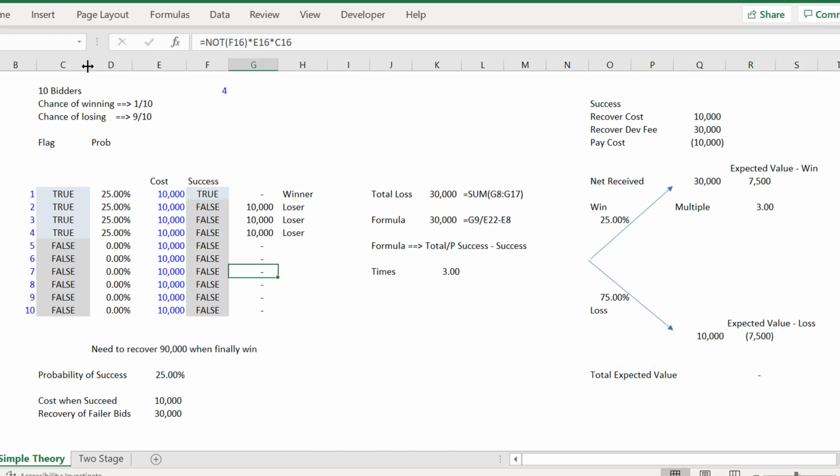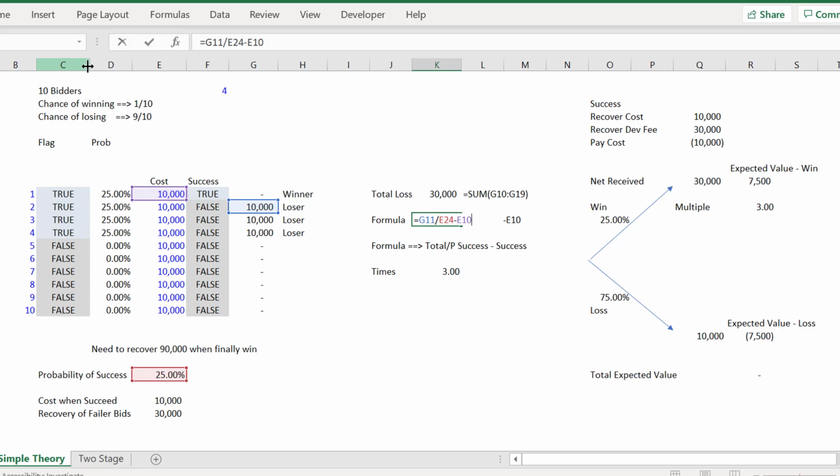So this fee you recover, here's the formula. It's either the total loss, but in this case, we could put also a formula in. We could say, okay, here's the cost, G11. That's the cost for spending money on development when you lose.